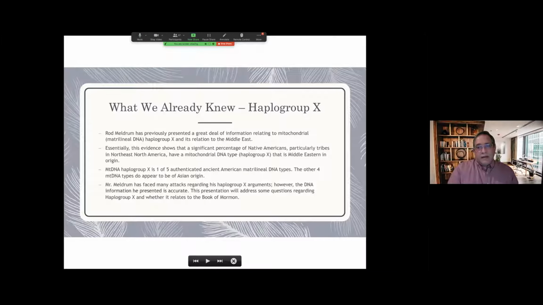One of the 5 matrilineal DNA types is mitochondrial haplogroup X, and it does not appear in Eastern Asia. And when you look in the old world as to where this DNA type occurs, the place where it occurs the most and with the greatest diversity is in the Middle East. And when you look at all of the evidence related to this DNA type, it becomes clear that that DNA came from the Middle East.